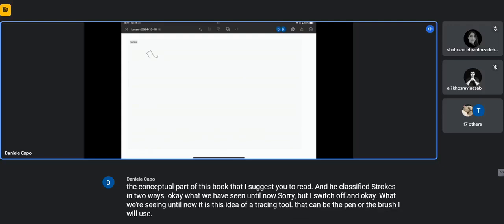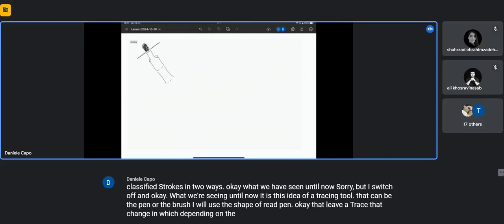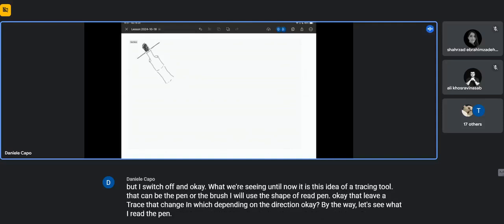I will use the shape of a reed pen, that leaves a trace that changes in width depending on the direction. By the way, let's see what a reed pen looks like.